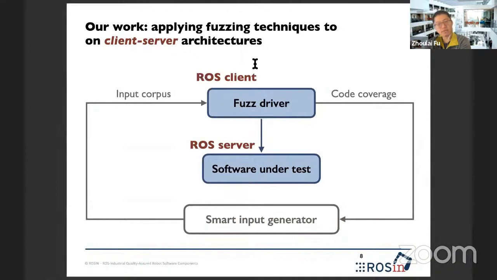As long as we have the ROS client that runs the ROS server, and the ROS client also takes input from the outside, from the input corpus, then we are able to run the fuzzing backend to find bugs in the ROS server. So again, we want to use all this kind of fuzzing technique as a black box. Our next presenter, Francisco, will give a demo on this.